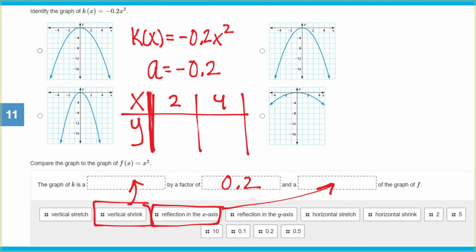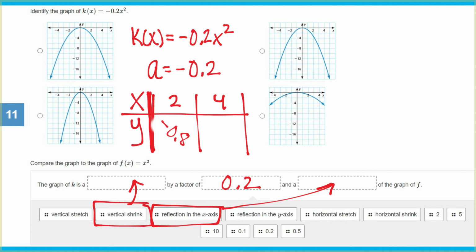On this problem, to identify the right graph, I'm just going to make a table, but I'm only going to use 2 values because I think if I know 2 values, it'll be enough to identify the right graph. So if I replace the x in the equation with 2, 2 to the second power is 4, and 4 times negative 0.2 is negative 0.8.